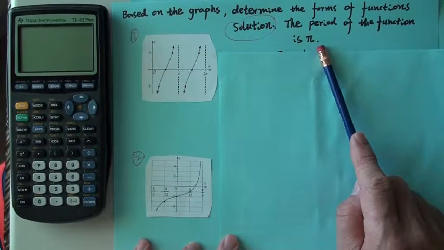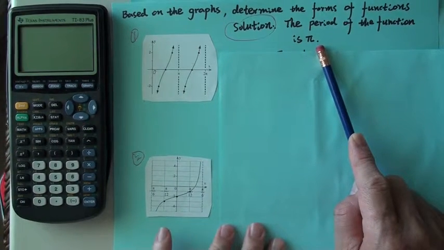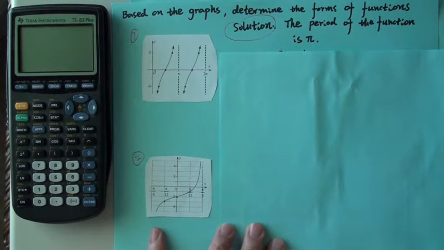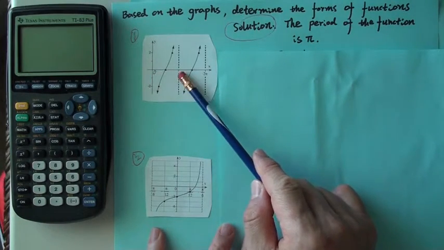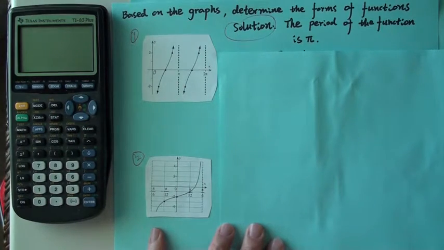Then which function has period pi? That's either tangent or cotangent. But you know, for tangent, the typical interval is from negative pi over 2 to positive pi over 2. Cotangent is from 0 to pi. So then this one might look like a cotangent.